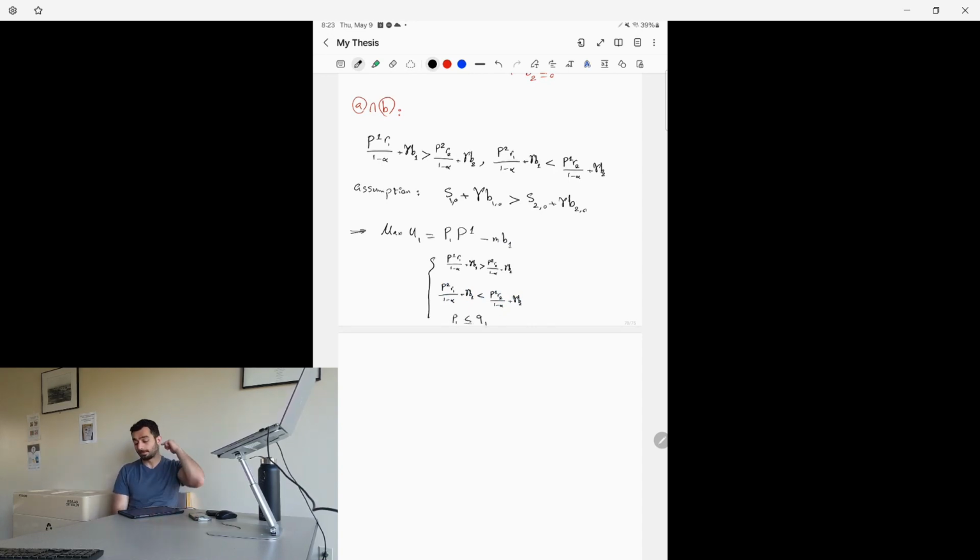We also have that in the back of our mind, right? And so utility wants us to have P1 as big as possible, while the first constraint wants us to have P1 as low as possible.